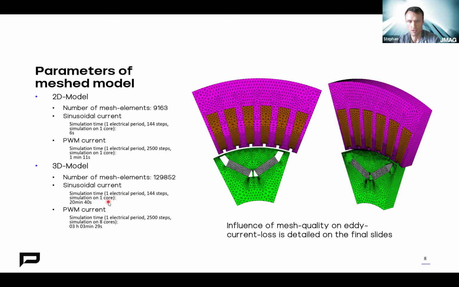For the PWM case, I used 8 cores on the workstation, and the simulation took roughly 3 hours for this one operating point. So I think this is all reasonable, most of you can do this on a workstation quite well, and this is not a simulation that is too far to do.